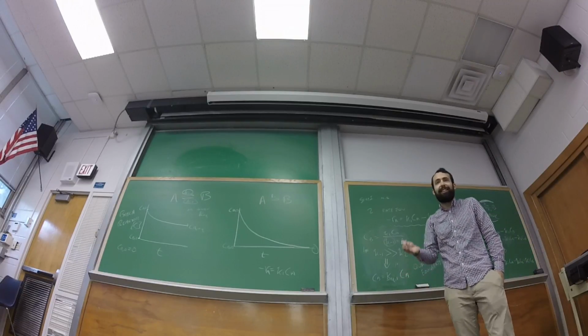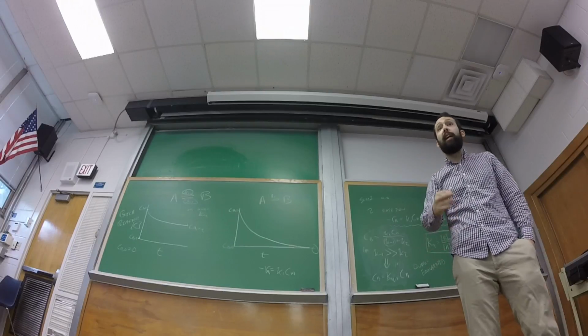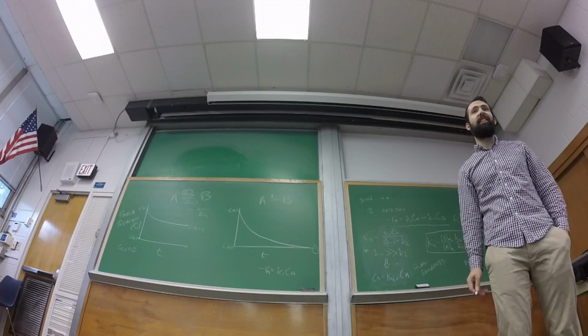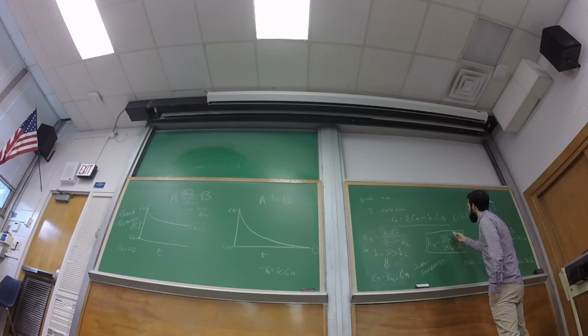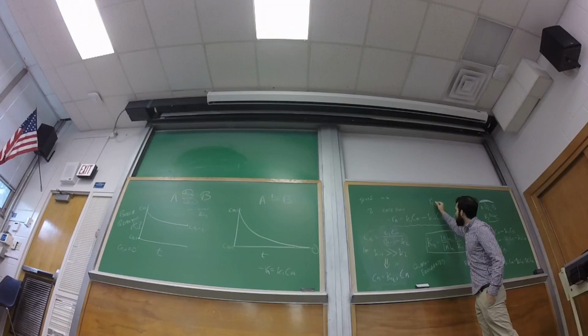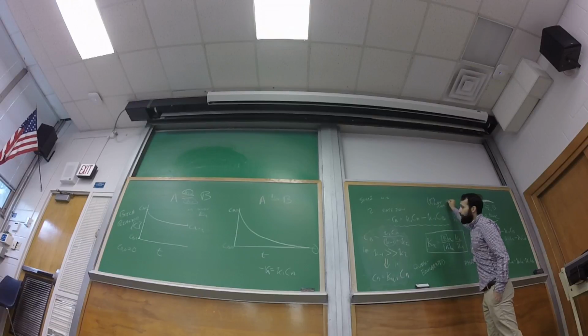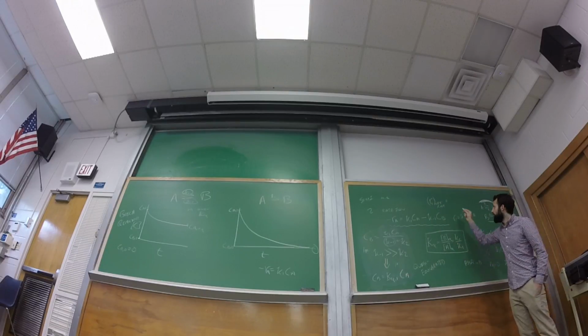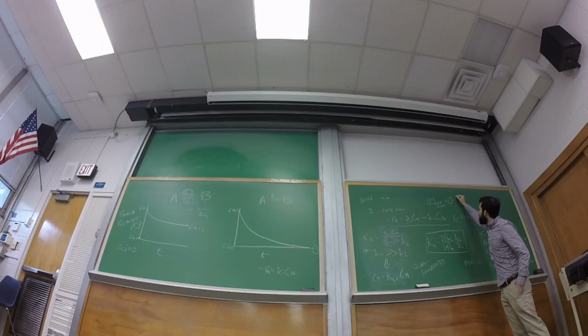I haven't made any assumptions except that I'm at equilibrium. And it's never true any of the rest of the time, right? And this relationship also means that the net rate of reaction 1 is equal to what? 0. But again, that's only true at equilibrium.